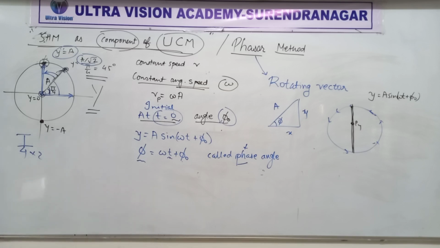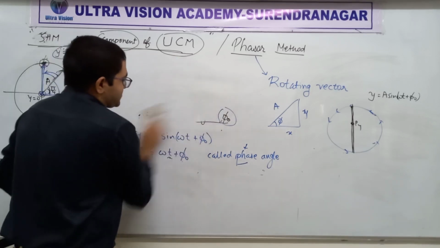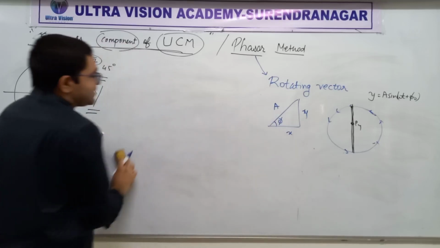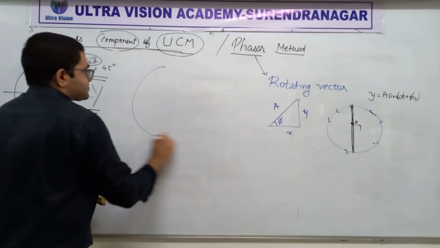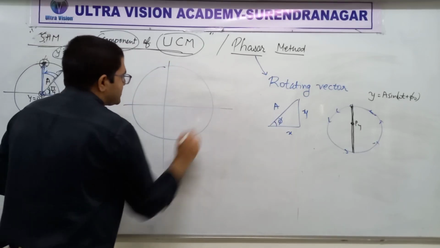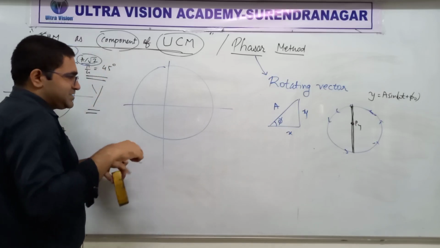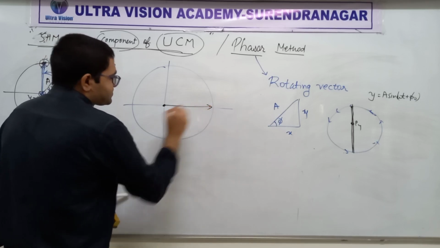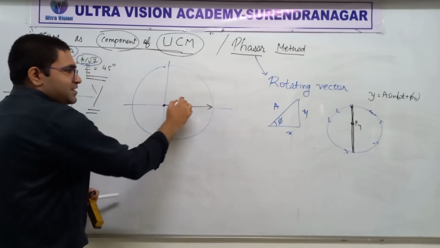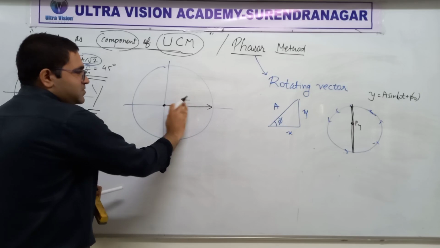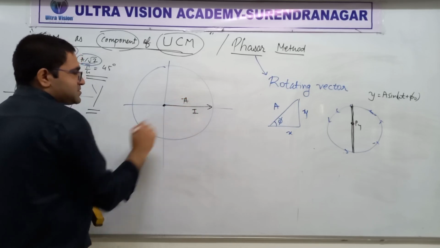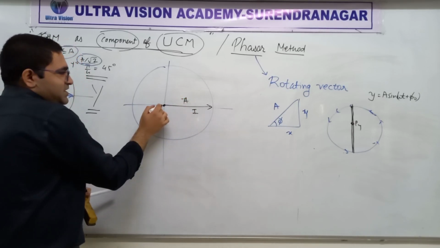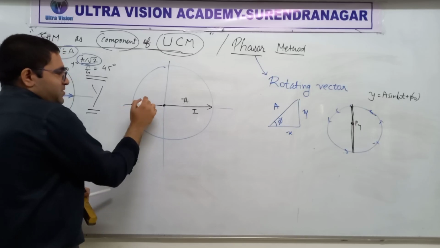Right? So let's try one more. Suppose I draw a diagram over here and then you tell me how much time it's going to take. Let's say initially the phasor was here. This is the phasor, this is A, and I am marking this I for initial.